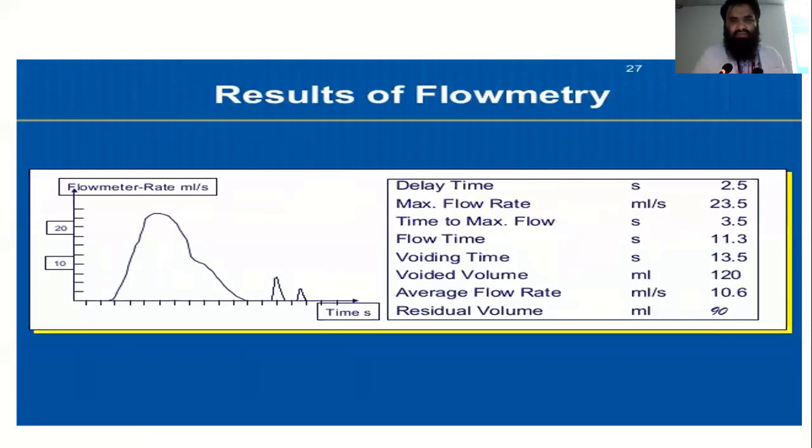This one is a flowmetry of a patient, in which the start is delayed by 2.5 seconds, and the maximum flow rate is about 23 ml per second. Time to maximum flow is 3.5, and average flow rate is 10.6.